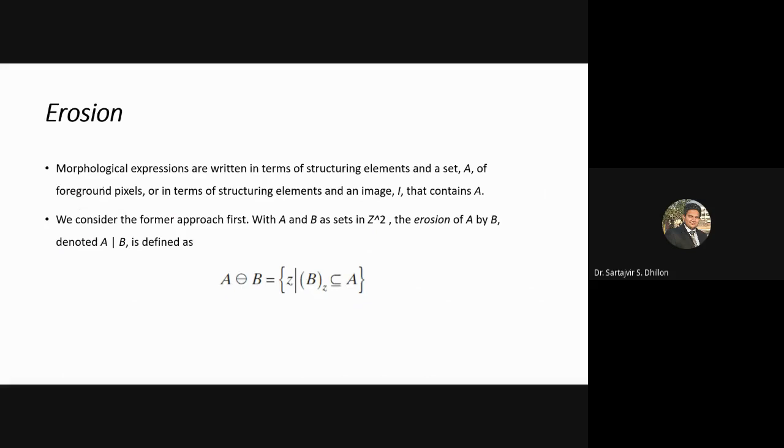The morphological expressions are written in terms of the structuring element and a set A of foreground pixels, or in terms of the structuring element and an image I that contains A. We consider the former approach first, with A and B as sets in Z squared, and the erosion of A by B is explained with the help of this example.